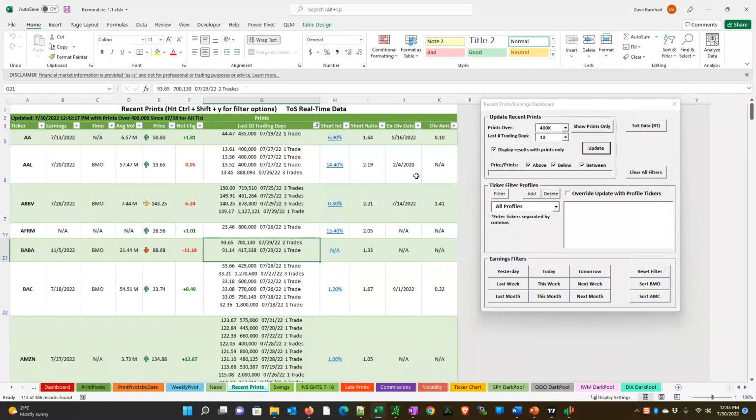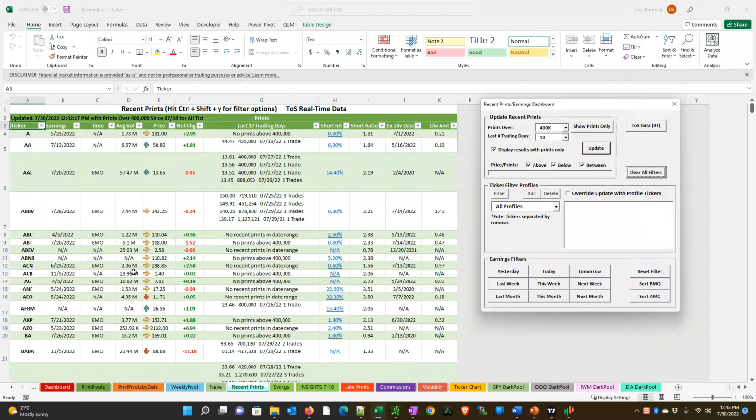Okay, so I'm going to choose clear all filters, and I'll show you something here. Out of all of the stocks that are there, this Agilent Technologies here says no prints above 400,000, which means there were prints at some point, but none of them met its criteria.